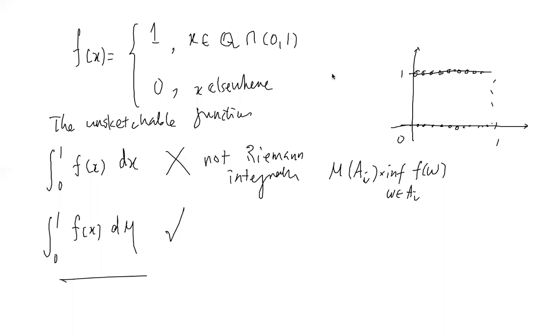You just need to have one line here, cutting the function. So the first observation is that the infimum of f will be 0 or 1.